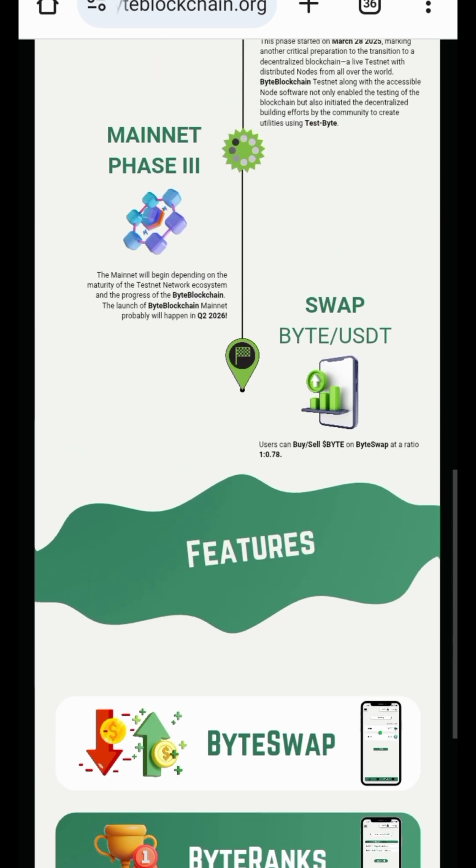Look at what they said: the mainnet, which is phase 3, will begin depending on the maturity of the testnet network ecosystem and the progress of the Byte blockchain. The launch of the Byte blockchain mainnet will probably happen in Q2 of 2026. So we still have a long way to go. Make sure you join and be consistent, so that before 2026 you have enough Byte tokens.